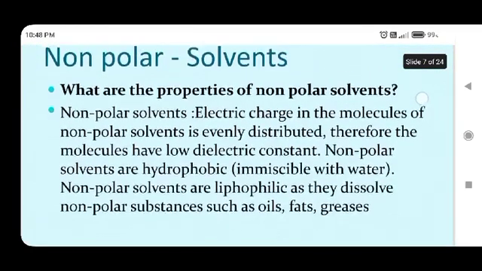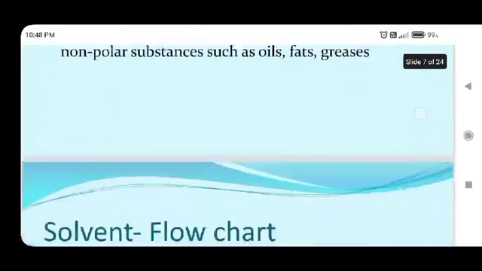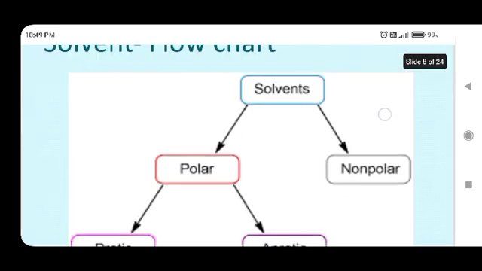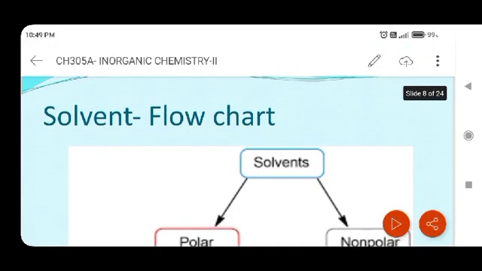Next, we could see a flow chart. Already we have seen the solvent and solute mixed together to prepare a solution. And according to the topic, we are now seeing a flow chart for solvent.